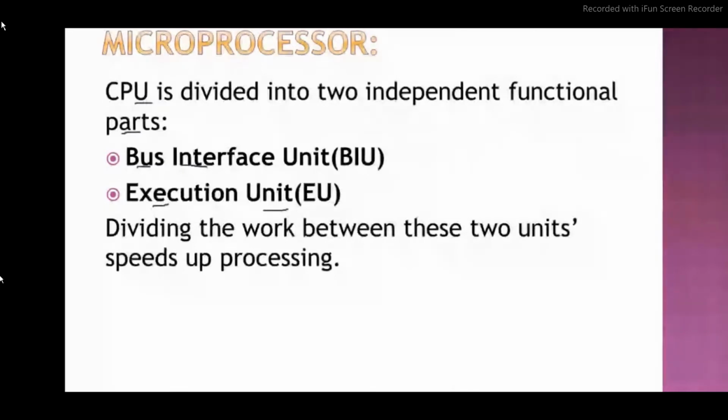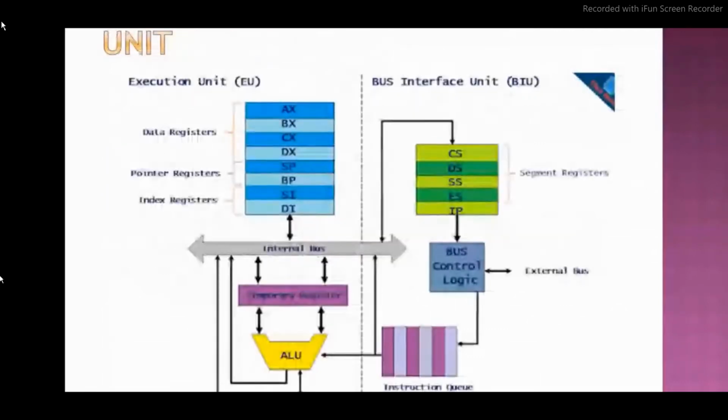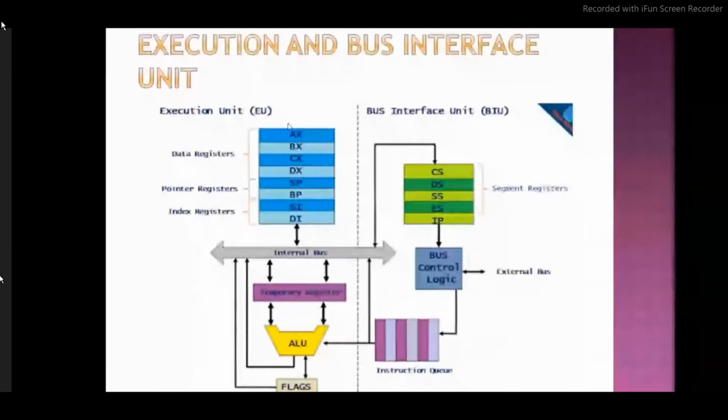अगर आपको आर्किटेक्चर समझ में आया तो आगे की चीजें आपको समझ में आएगी. This is the entire architecture of the 8086 microprocessor. It has two units, bus interface unit and execution unit.